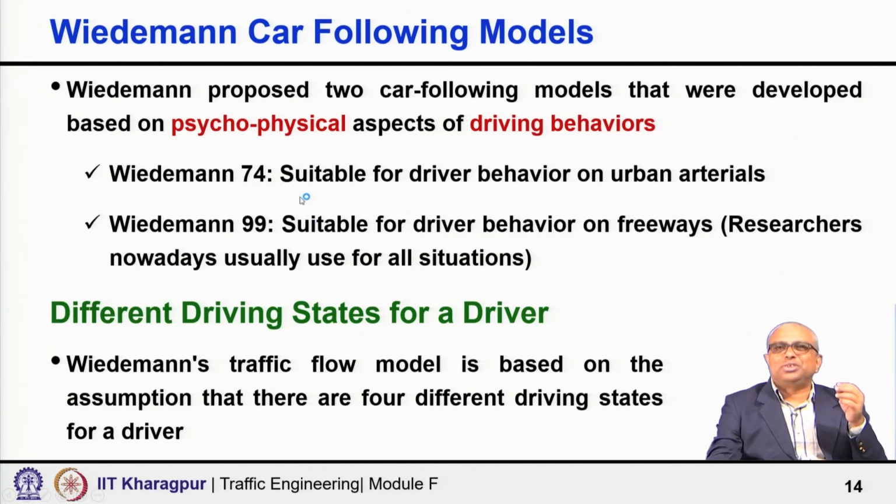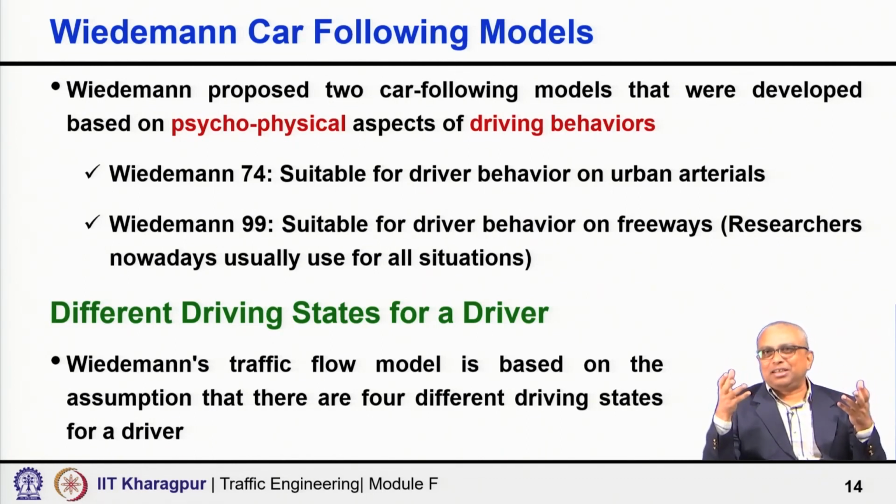There are two models suggested by Wiedemann, called Wiedemann 74 and Wiedemann 99. 74 is primarily for urban context, for urban arterials, and the next model is suitable for driver behavior on freeways. But these days researchers generally use Wiedemann 99 for all situations, because there are more parameters, it appears to be more realistic, right.